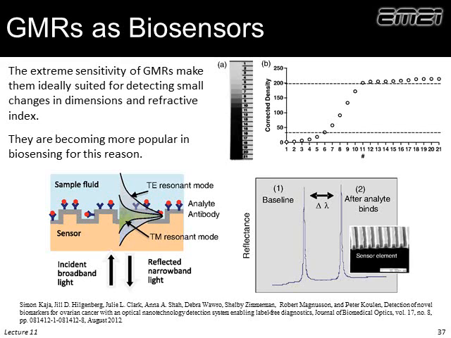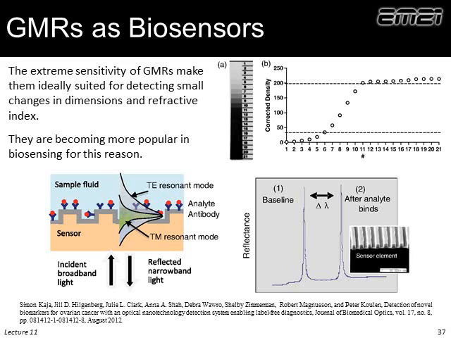A lot of folks, including Magnusson's group, by the way, he's probably the most published author in guided mode resonance filters. I don't think we can think of a guided mode resonance filter without thinking of Robert Magnusson. Some of the work he's doing now is making sensors out of guided mode resonance filters. One problem with guided mode resonance filters is that they're very sensitive to everything, to their material properties, to their structural dimensions, which makes them great for sensors.